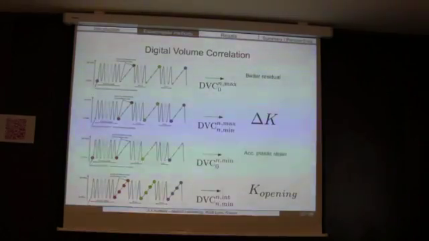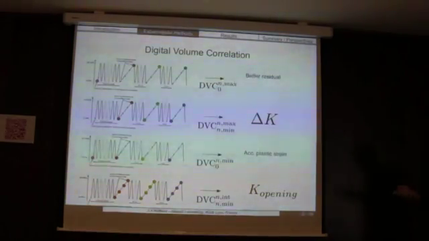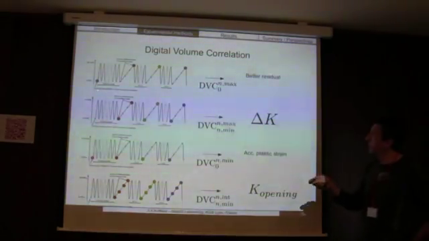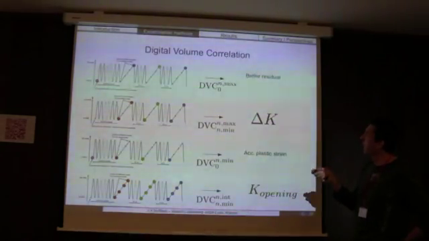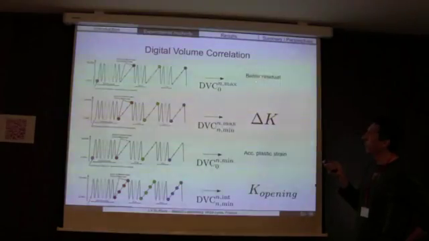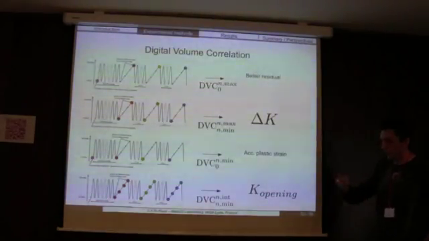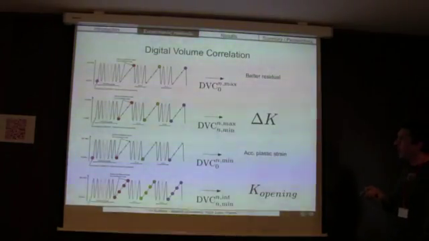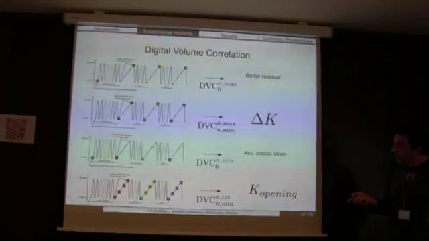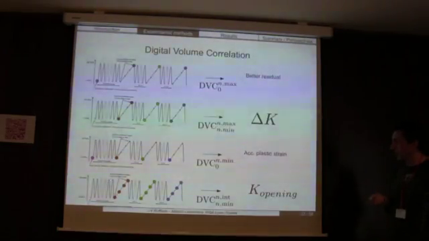Now you can correlate several things. You can do first between your zero load and the maximum load during cycling. That will give you a rough idea of where the crack is. So the yellow images of the crack I showed you were obtained like this. Then you can also do the correlation between the minimum loads at different numbers of cycles, and that, we believe, gives you the accumulated plastic strain.